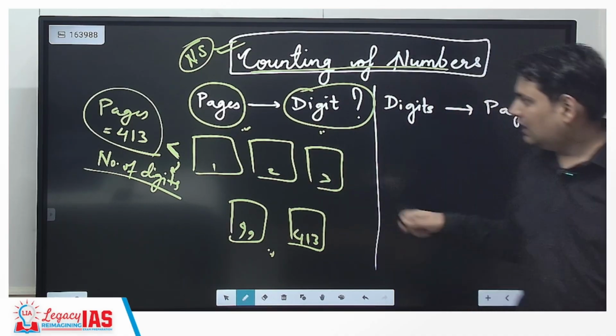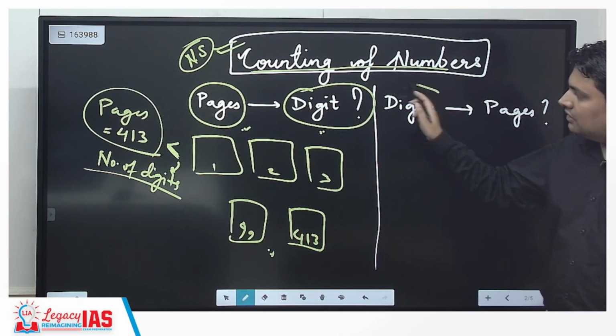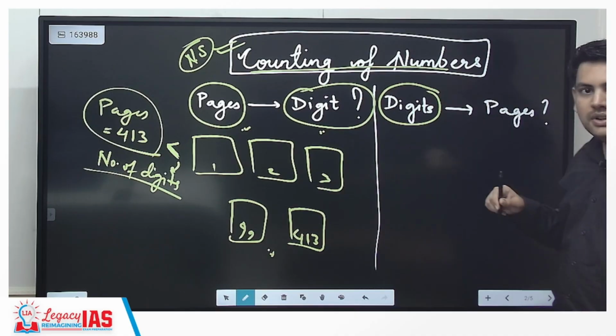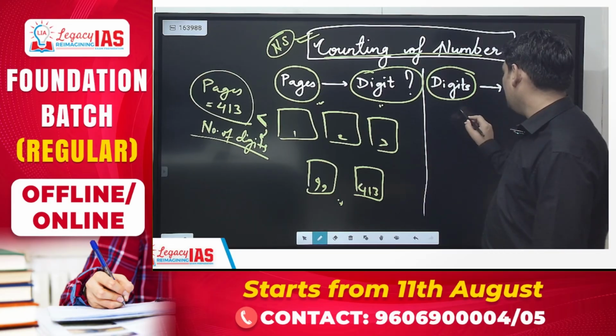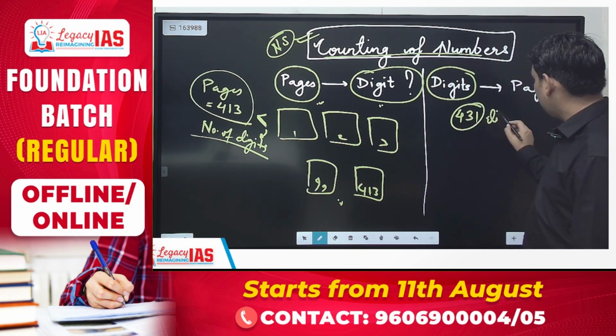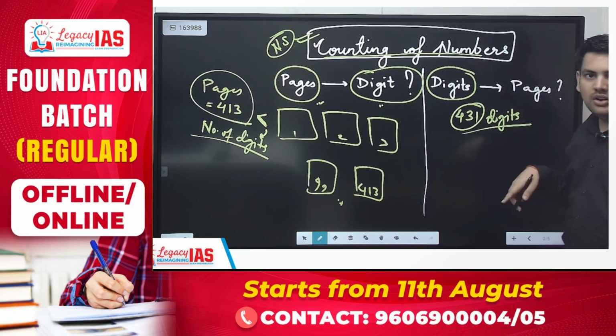Okay, the other type of question would be in which the number of digits used is given to you and you will be asked number of pages. Let's say it is given to you that it took 431 digits to type all the page numbers of the book.